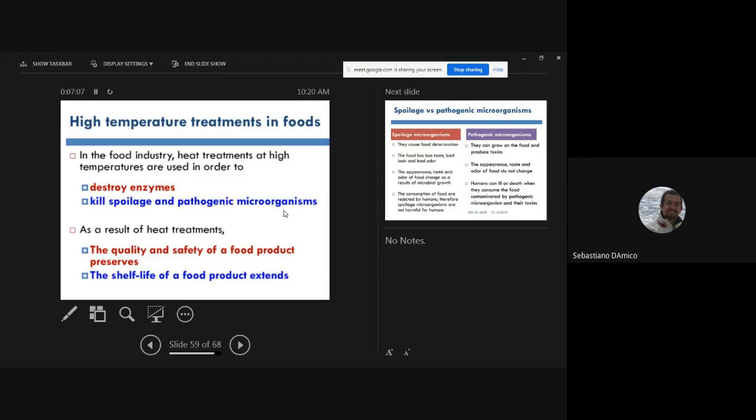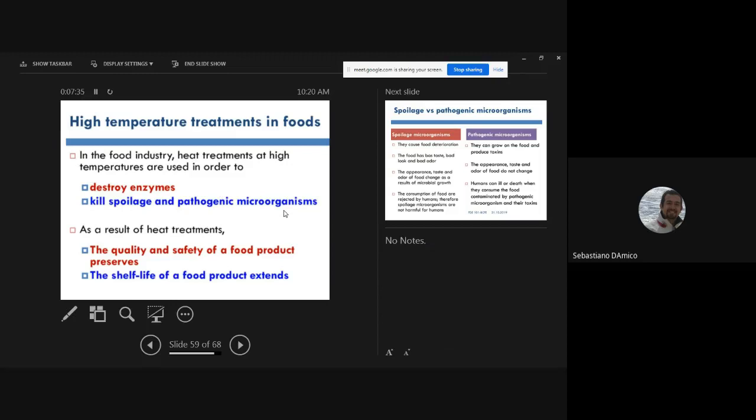Why this high temperature? Because heat treatments are used when we want to kill enzymes or microorganisms that we can find in the food. As a result of the treatment, the quality and safety of the food product are preserved, and the shelf life of the food product is extended.